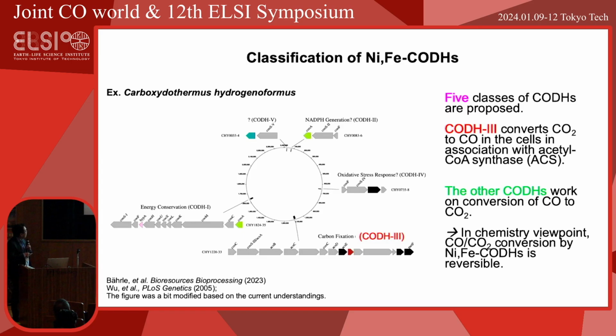But you can see several other CODH gene products here, which also can function in the CODH reaction, CO conversion to CO2. So from a chemistry viewpoint, CO and CO2 interconversion is found in almost all CODH types, except for CODH5. And the reaction is reversible.